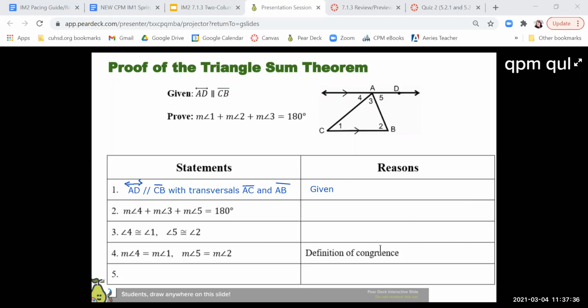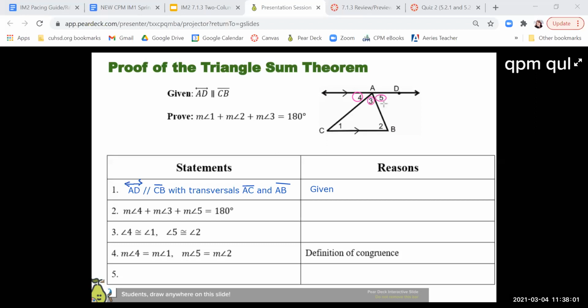Okay. Now, our first technical statement of things that we know to be true about the angles that are formed. Angle 4 plus angle 3 plus angle 5 is 180. So let's look at those on our diagram. So what they're saying is angle 4 plus angle 3, plus angle 5 is 180.